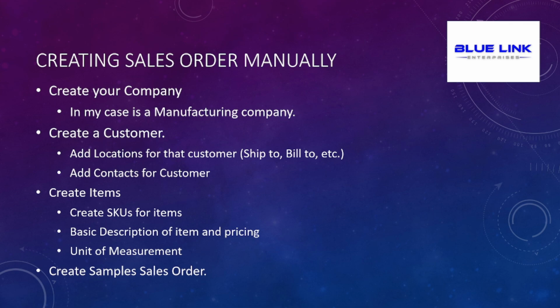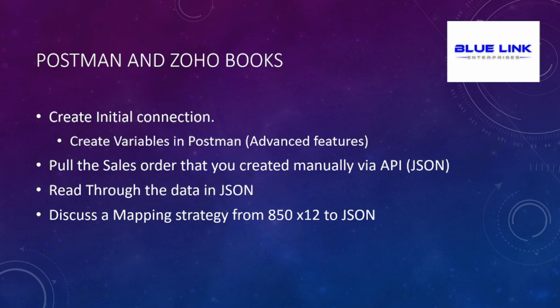I'm going to show you real quick the basic steps on creating that company, and then I created a customer, created contacts for the customer, created items with the SKU, basic information of the item, the description, the item pricing, the unit of measurement, and then I created a sales order. I was able to pull down the sales order utilizing the API functionality in Postman, and we can visualize the sales order in a JSON format.